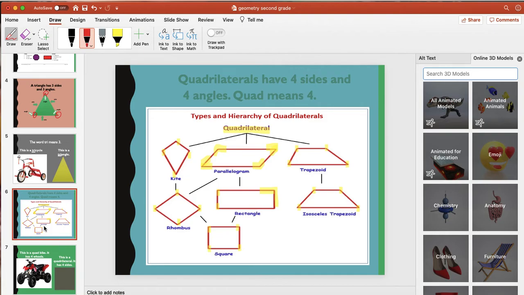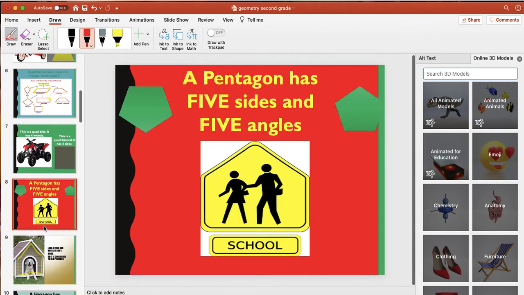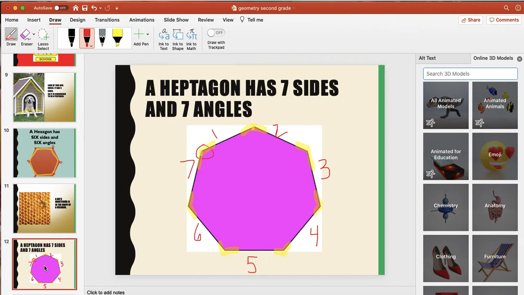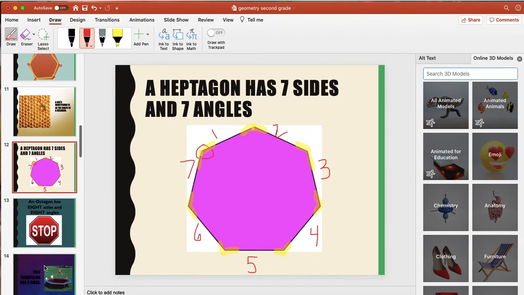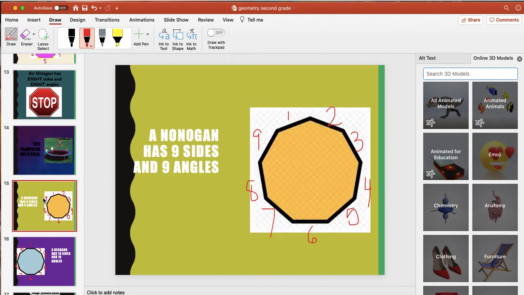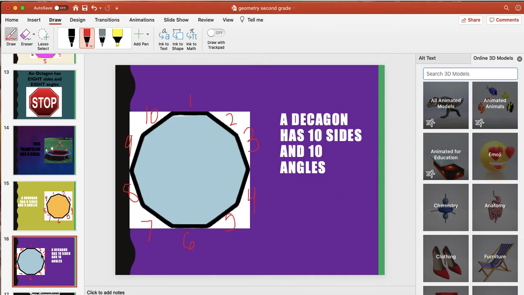And quad means 4. Okay, then we have pentagon, 5 sides, 5 angles. Hexagon, 6 sides, 6 angles. Heptagon, 7 sides, 7 angles. Octagon, 8 sides, 8 angles. Nonagon, 9 sides, 9 angles. And lastly, a decagon, 10 sides and 10 angles.